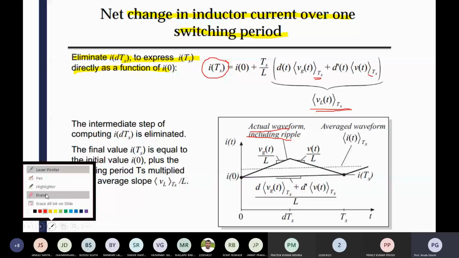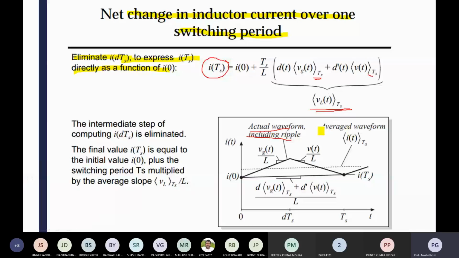So how would I get that average waveform? And what is that actual waveform with the ripple? How is that expression coming? You are getting that expression from here: Ts whole divided by L, and I0 is your initial value, that c value.